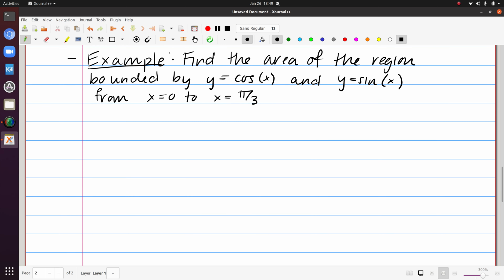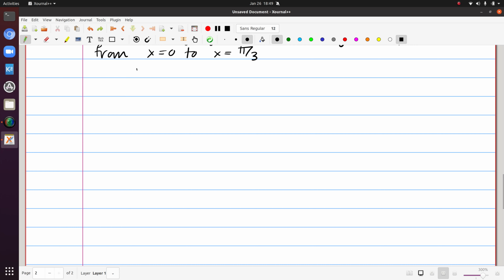So let's think about that region. Again, we're in the first quadrant and we are looking at sine and cosine. In terms of trying to think of this picture, let's look at the graph until pi over 2.